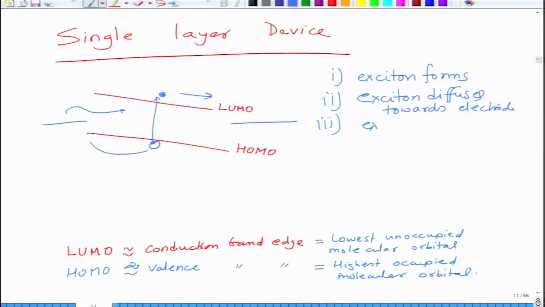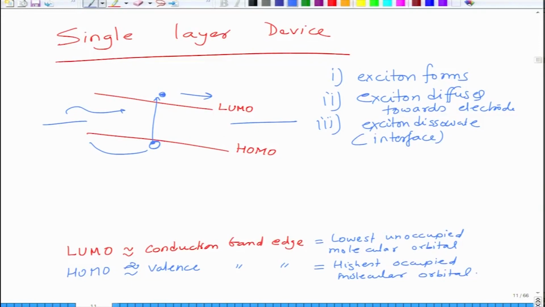The diffusion gradient is going to move the exciton, and then the exciton dissociates. Dissociation happens at the interface, so the interface must have some sort of energy to break this exciton.